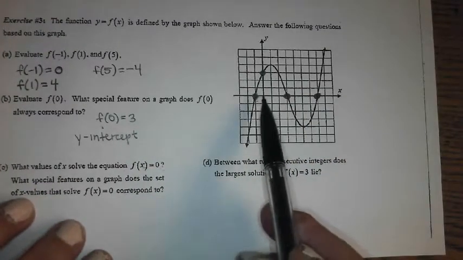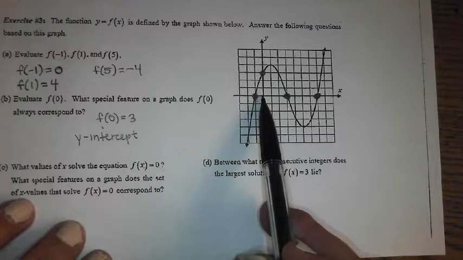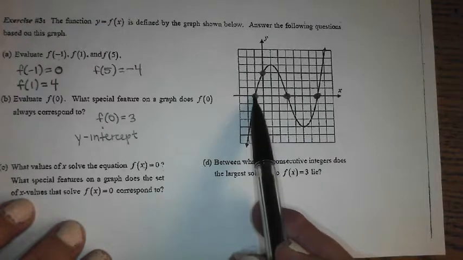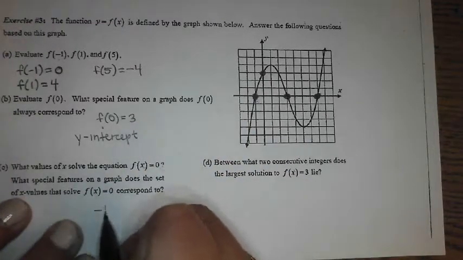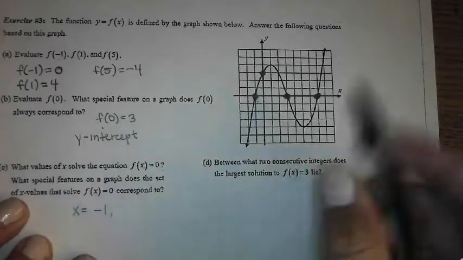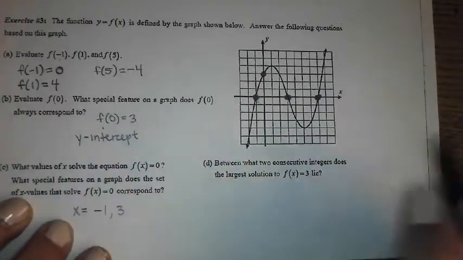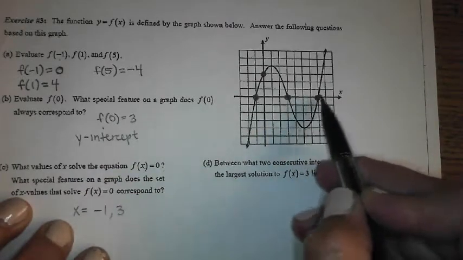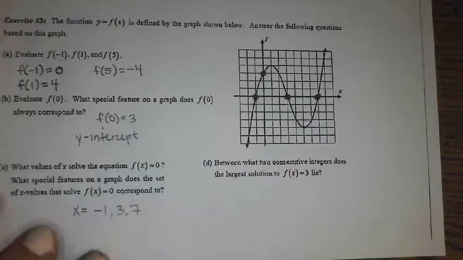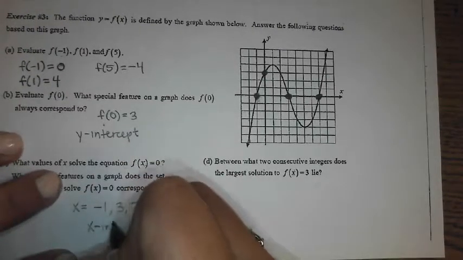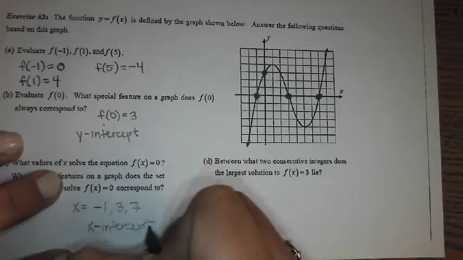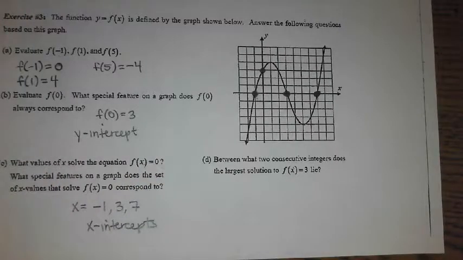So the values of x that correspond with a y coordinate of 0 are -1, 1, 2, 3, and 4, 5, 6, 7. What special feature on a graph does that give us? Those are x-intercepts. Okay?